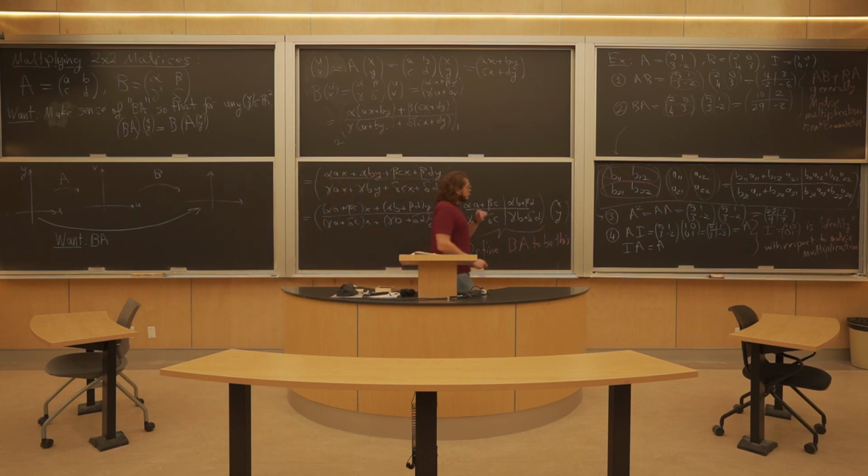Okay. So now let's make things even more complicated. Again, I'm going to keep using the same matrices, but I want to introduce the other operations we can use. For instance, addition. Okay?